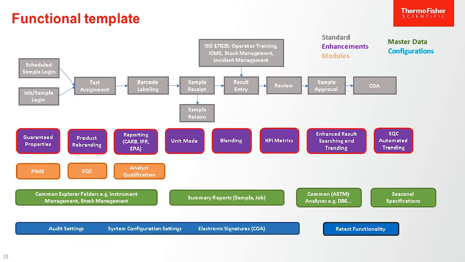I also want to point out seasonal specifications, where your specifications might be different between seasons, such as winter, fall, or summer. So you can pre-configure that. And what the LIMS system does is it looks at the calendar on your computer and will automatically change the specification depending on the time of season. And of course, we have the retest functionality. There's audit, there is electronic signature, and so on.